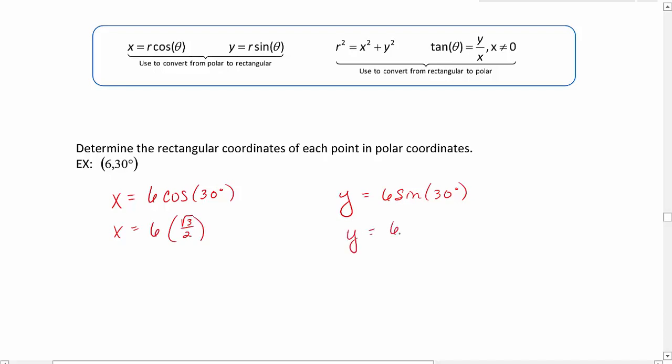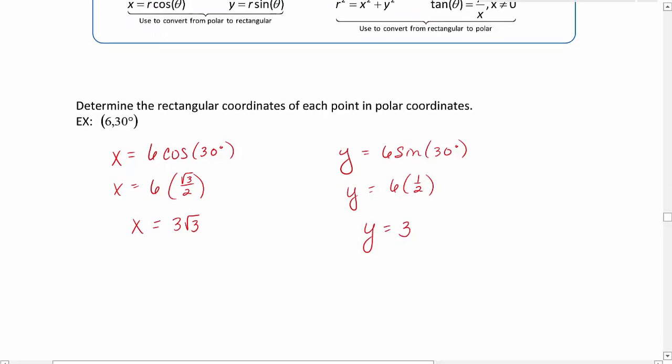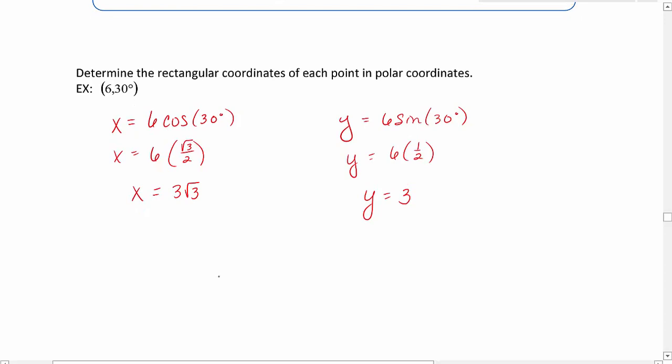And this is going to be 6 times a half. So we're getting x is equal to 3 square root of 3, and y is equal to 3. Now just make sure that you write this as an ordered pair in your final answer: (3 square root of 3, 3).